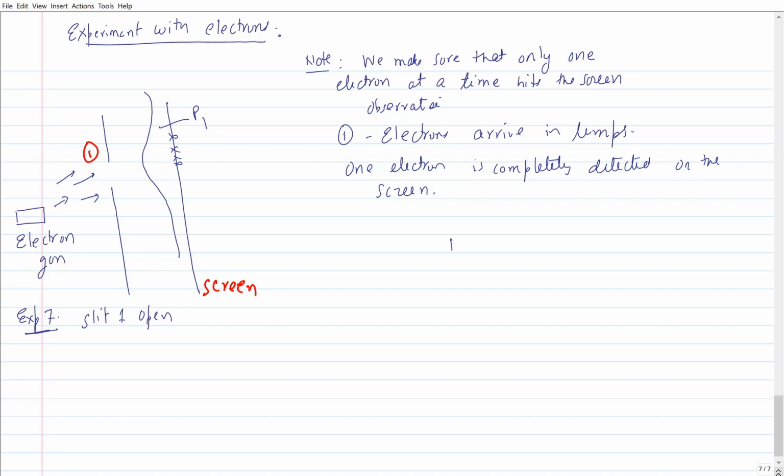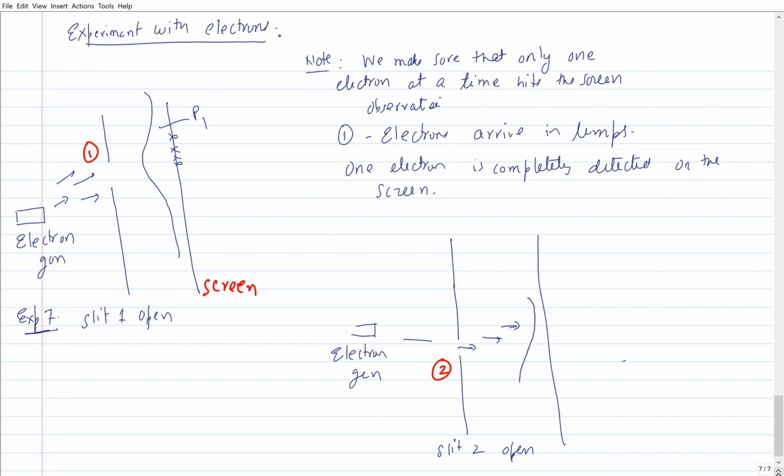I can repeat the similar experiment where I have slit 2 open. I have the screen. I have my electron gun. And as I am firing electrons, I get clicks and I plot the histogram, which looks like P2, exactly the similar thing I observed in the case of the bullets.